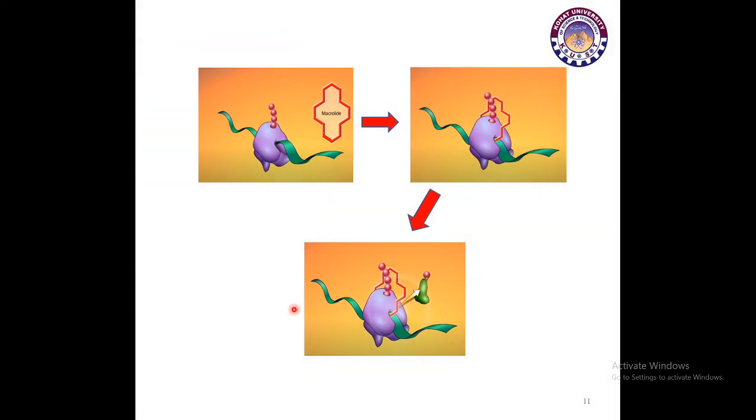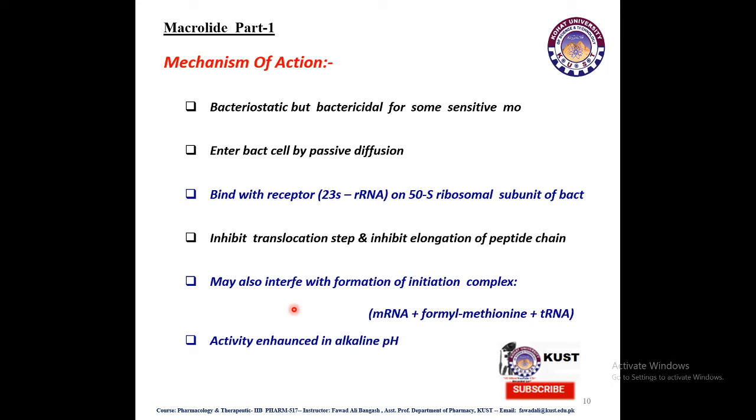Okay, going back to the mechanism of action. Macrolides, for example erythromycin, bind with the receptor on the 50S ribosomal subunit of the bacteria. They inhibit the translocation step and the elongation of the peptide chain.